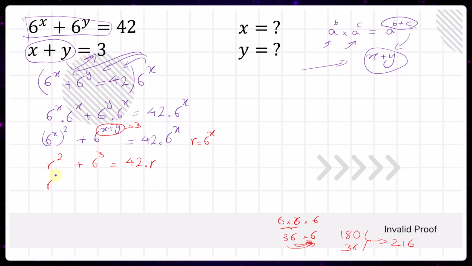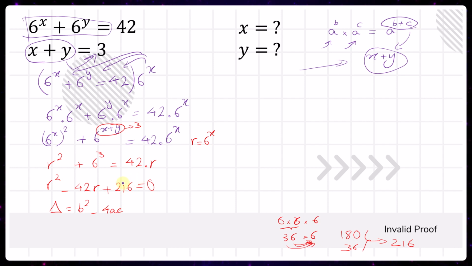So we have r squared minus 42r plus 216 equals 0. Now, we can of course use delta, which is b squared minus 4ac, where b is minus 42, a is 1, and c is 216.